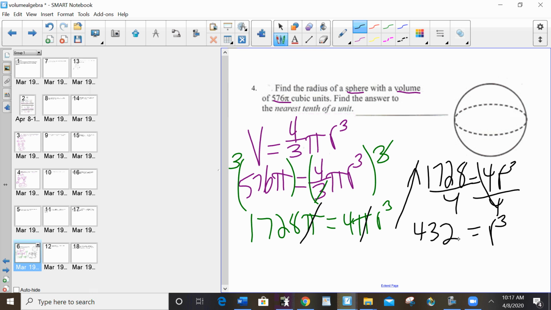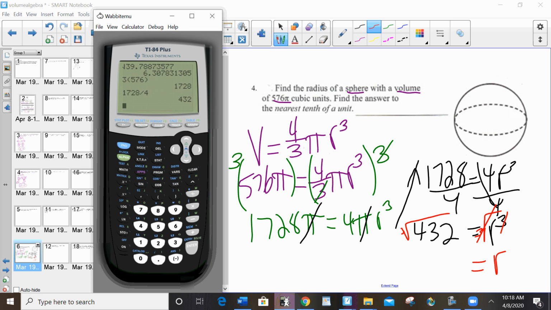Now, in the last example, to get rid of a squared, I do the square root. So if I get rid of a square by doing the square root, I get rid of the cubed by doing the cubed root. Do you remember how to type in cubed root from algebra last year? Probably not. So I'm going to show you.